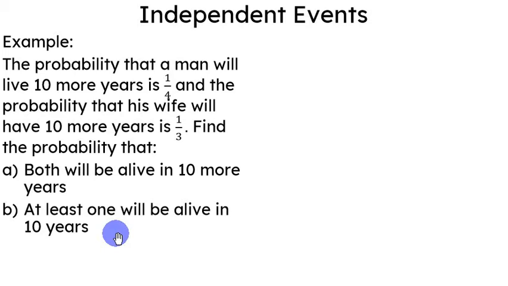Alright, so the probability of a person living usually or ideally does not affect the probability of another person living. So we can say that the probability of the man and his wife living are independent events. So we are asked for letter A, the probability that both will be alive in 10 more years.